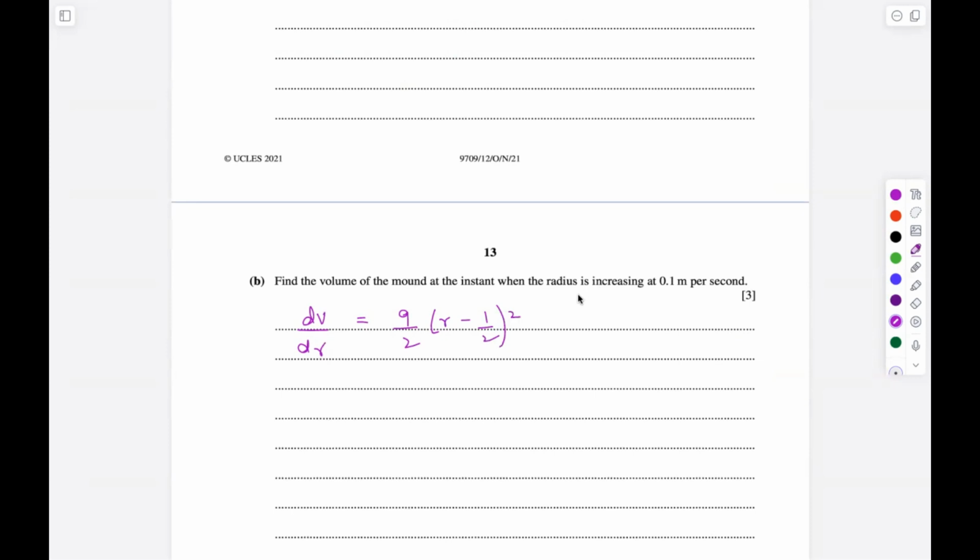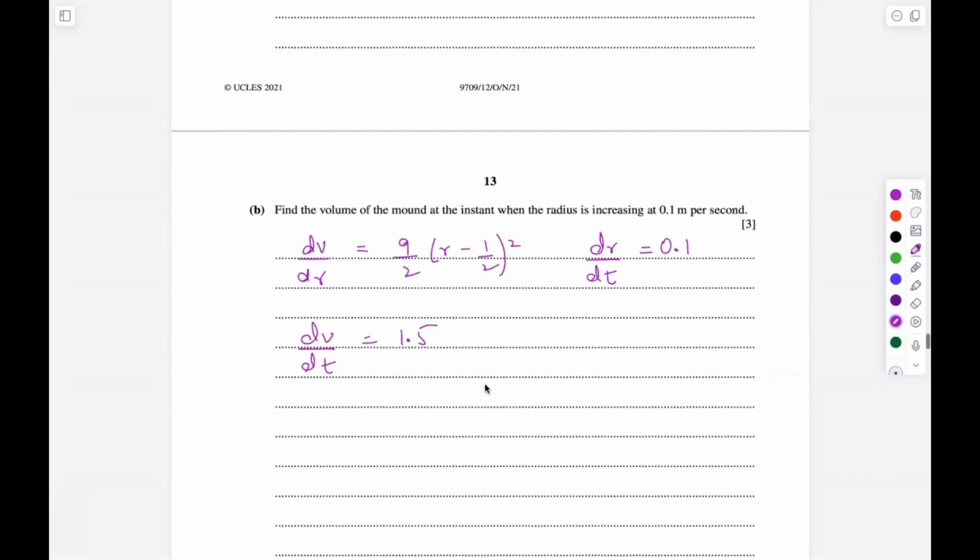Now, in this case, we have been given the value of dr by dt. So dr by dt is 0.1. And as we have to find the volume, the dV by dt is also equal to 1.5 as given in the question.